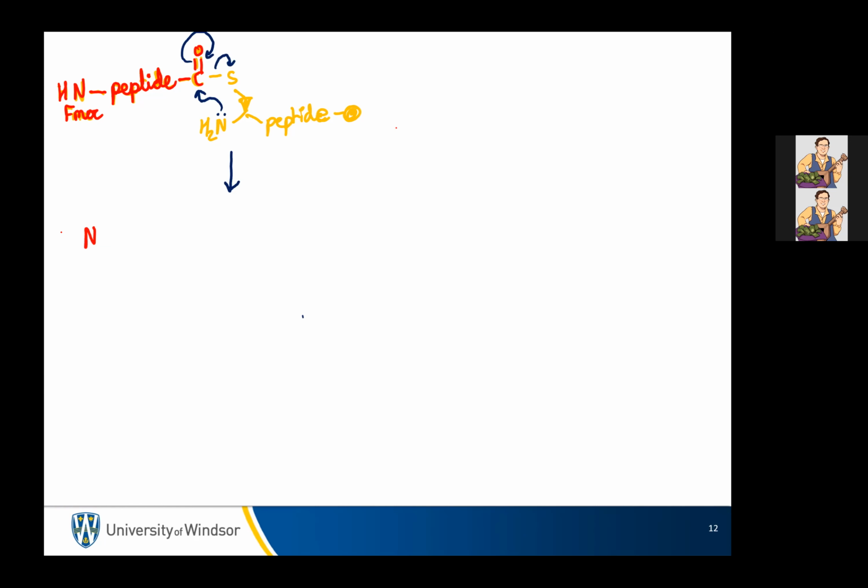And of course, what this does is it makes a new peptide bond. The H comes off as water. I haven't drawn the mechanism above, but it's going to be easily picked up. I don't need to worry about it.